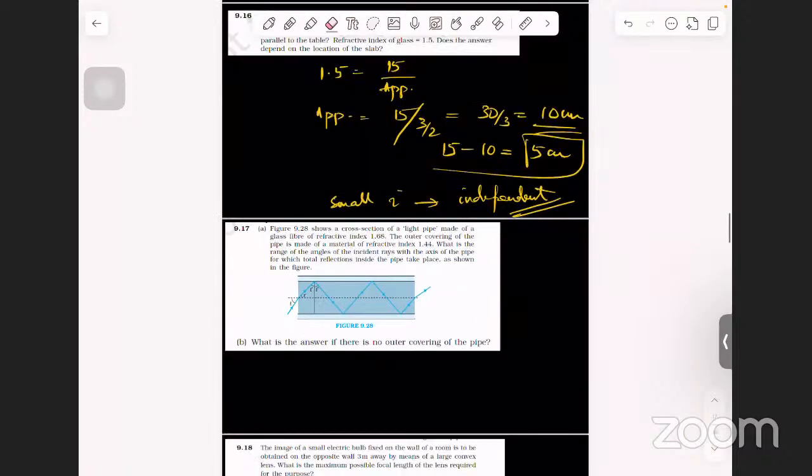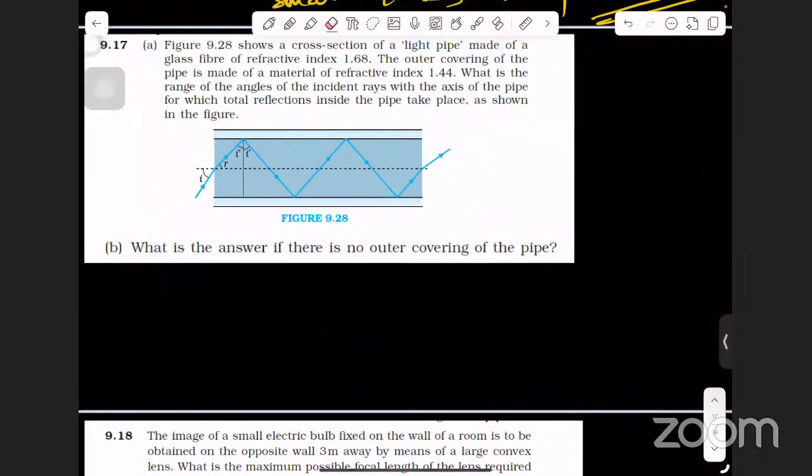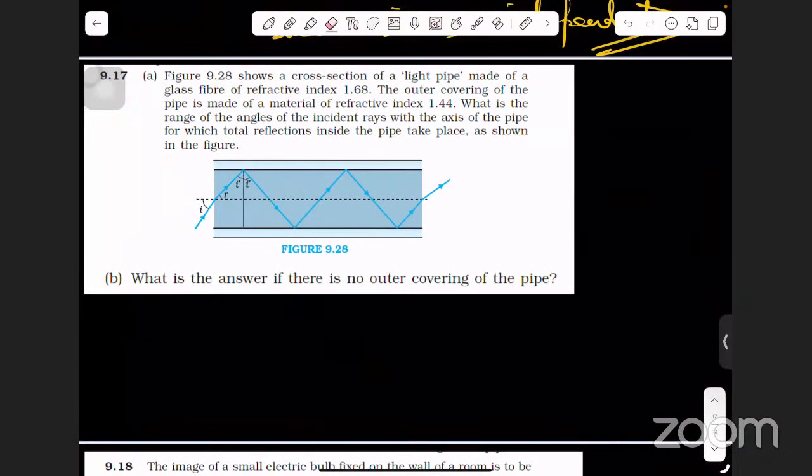Great. So moving on to the next question. This figure shows a cross section of a light pipe. These things are called fiber optics, made up of a glass fiber of refractive index 1.68. The outer covering is 1.44, right?